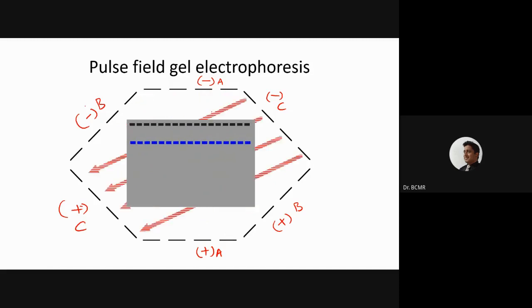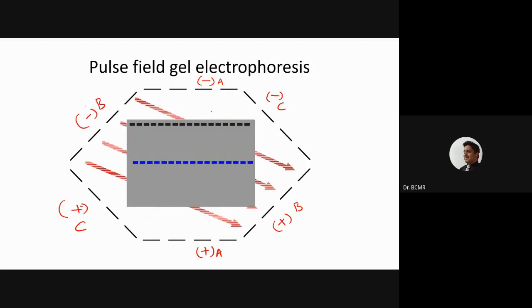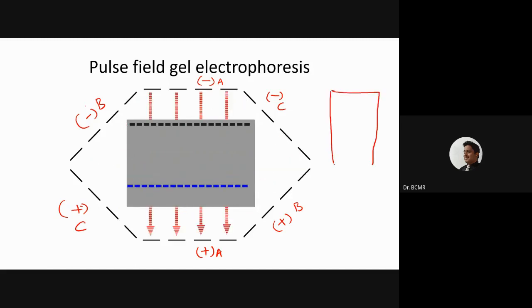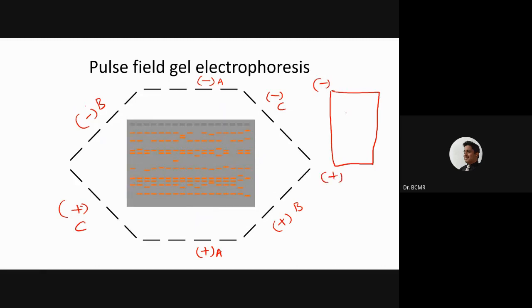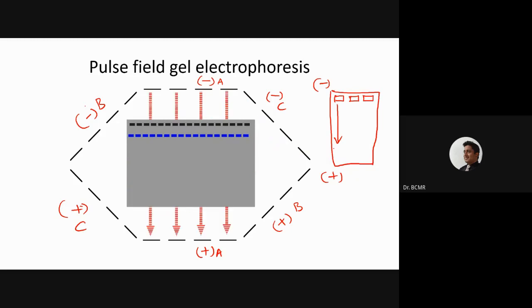So this is about alternating currents, electric field. You're applying voltage in different directions. So usually in normal electrophoresis, you would have one electrode here, negative, and here, positive. There are wells here into which you would have put in the sample, and the sample will run in one direction.